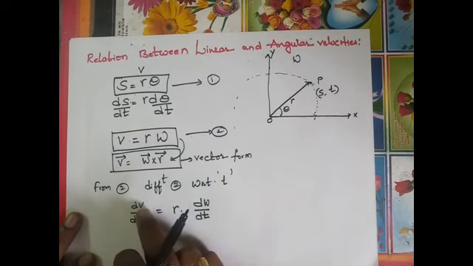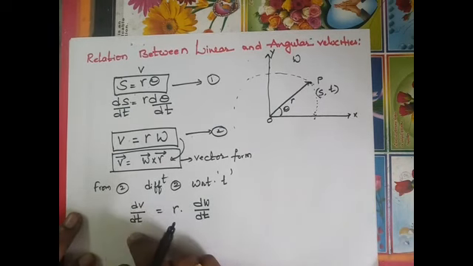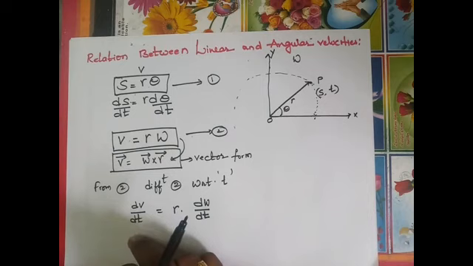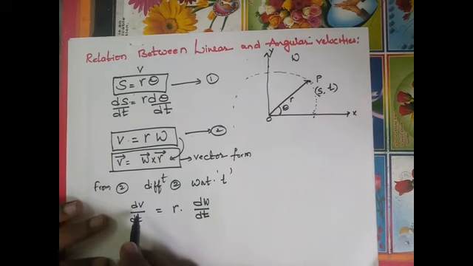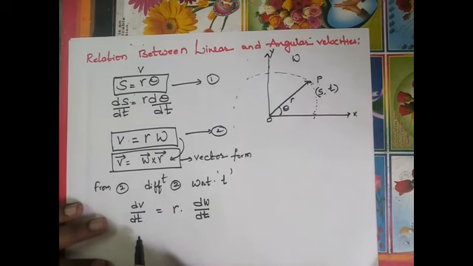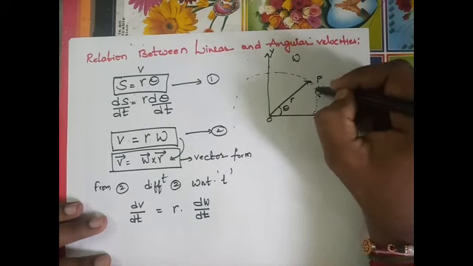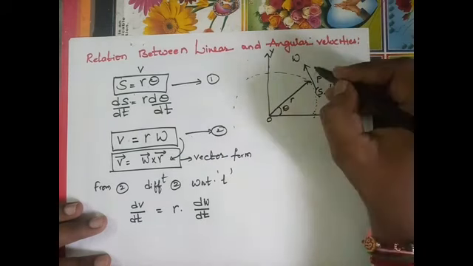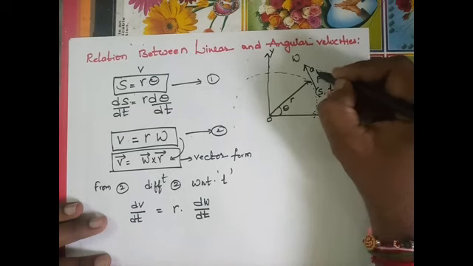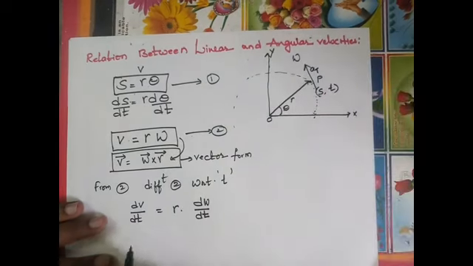So what does dv by dt represent? Rate of change of velocity, which is nothing but acceleration. That acceleration is the tangential component, represented by AT, the tangential acceleration.